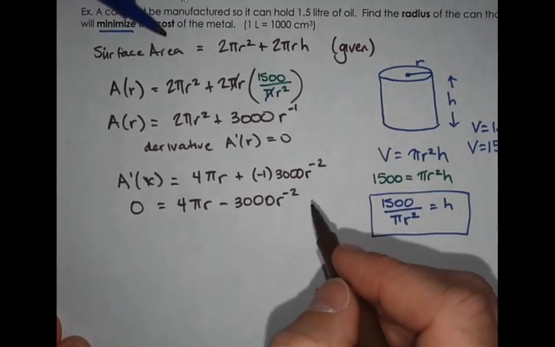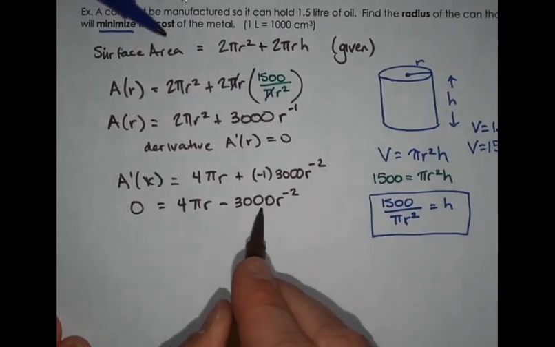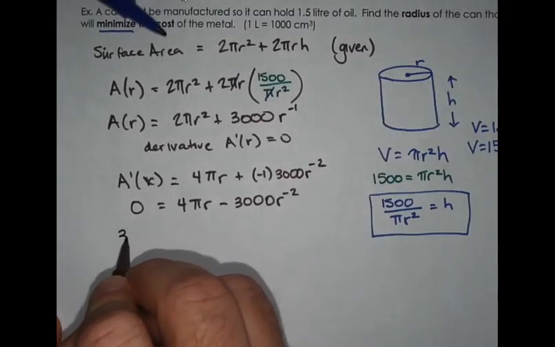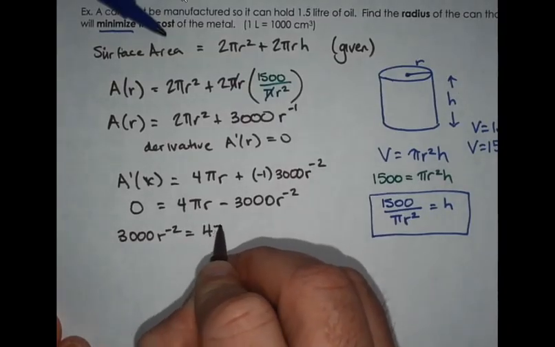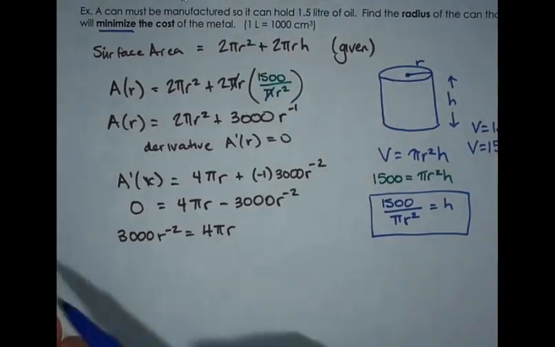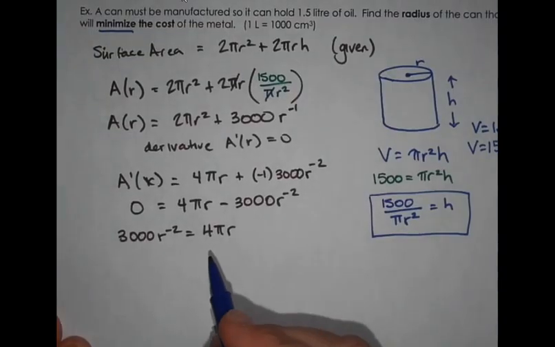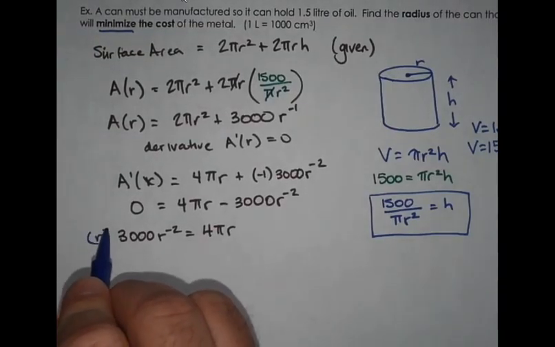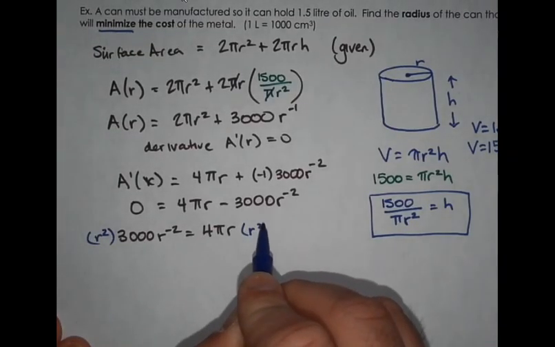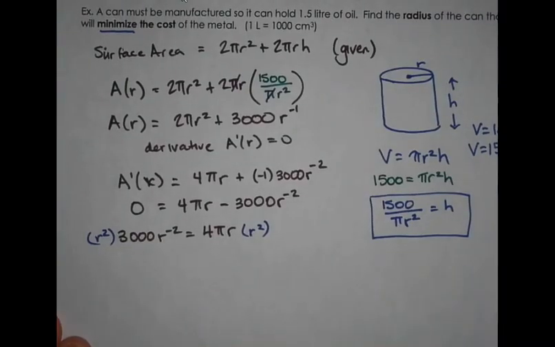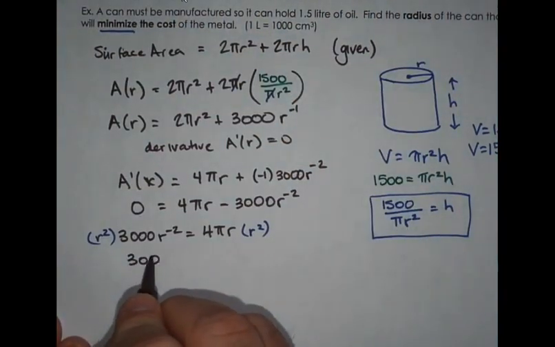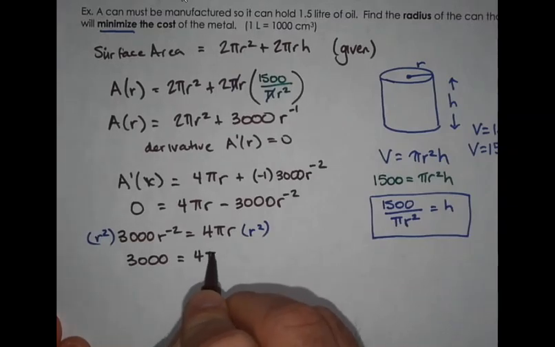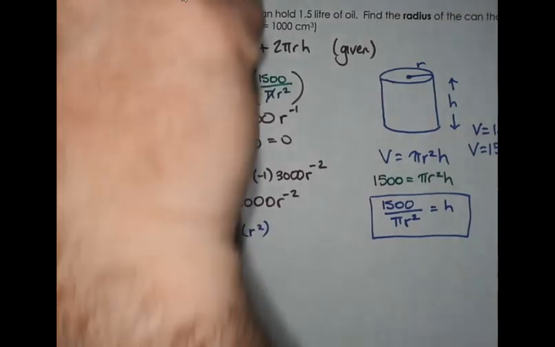Okay. So let's bring one over to the other side. I'm going to bring the -3,000 term over. That makes that positive. Maybe we multiply both sides. We're trying to get all the r's on one side of the equation. So if I multiply by r squared, and add those exponents, that gets me r cubed. And then I can solve for r.